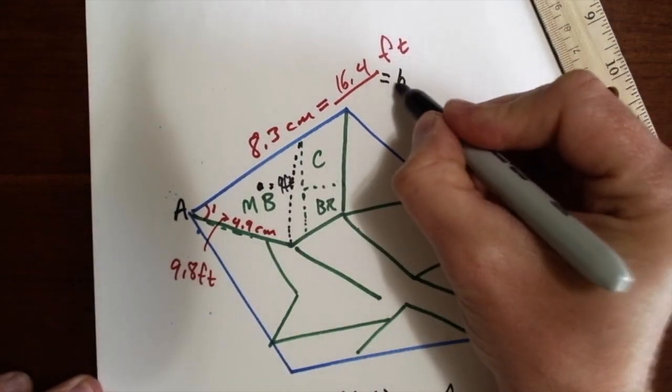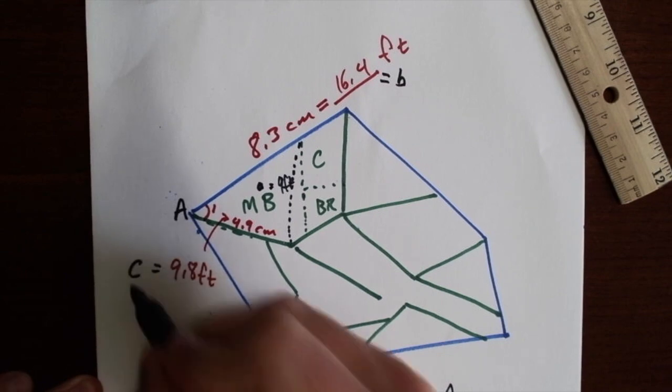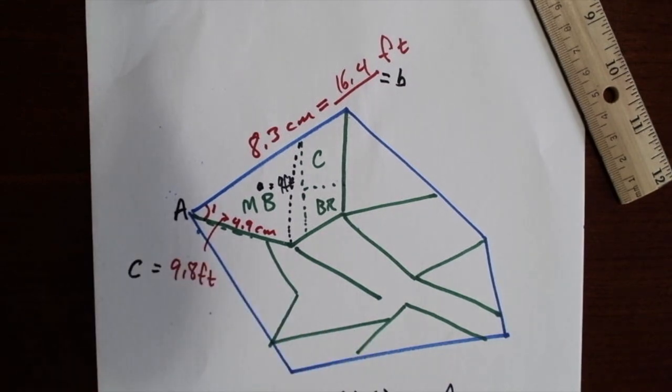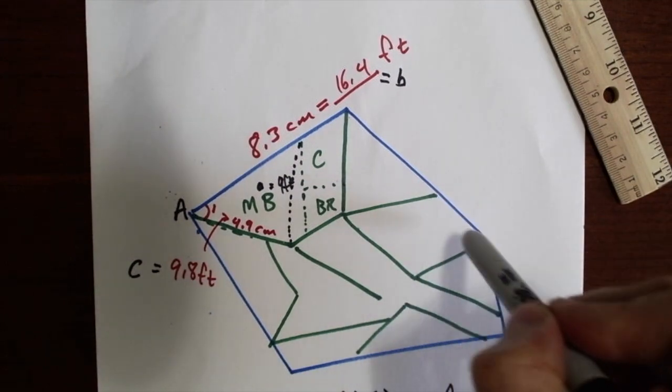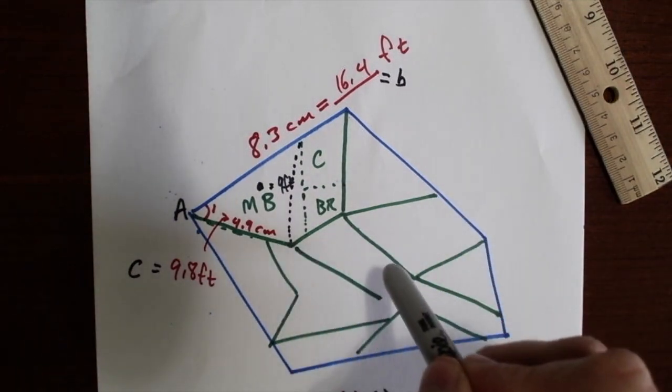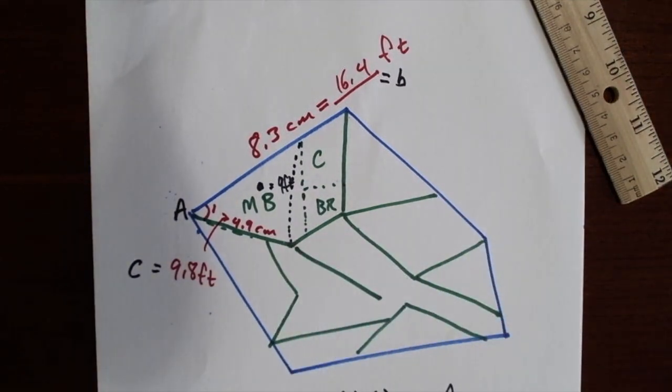This side right here would be B, and that would be C. You'd plug those values in and you would solve for what that angle is. And this is where you'd have to use arc cosine in order to do that. And that's a whole nother video, which I do have posted on my YouTube channel, Law of Cosines. So you'd run through that process and you'd find that angle, and then you would do that for every single angle as you walked around the building. That way you have all those measurements made.